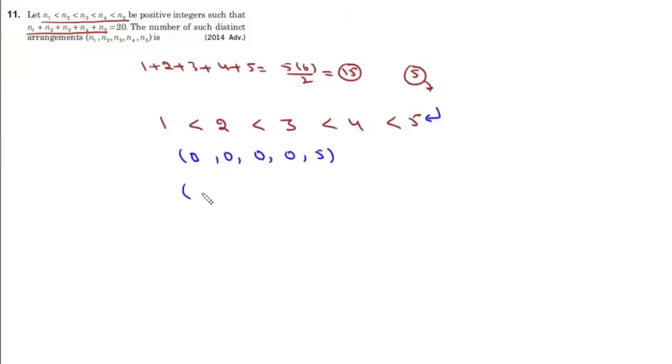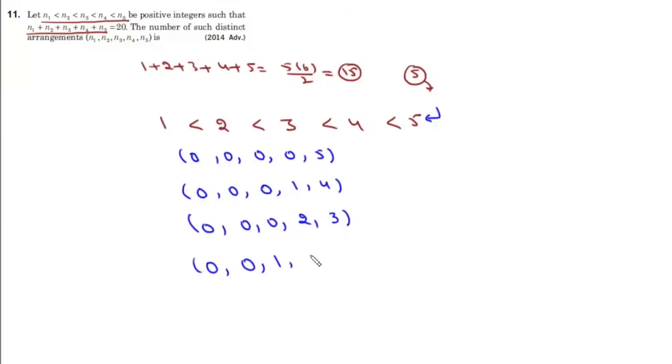The second case could be when we add 0, 0, 0, and then 1, 4, or 0, 0, 0, 2, 3. Now it can also be 0, 0, 1, 1, 3, or it could be 0, 0, 1, 2, 2.